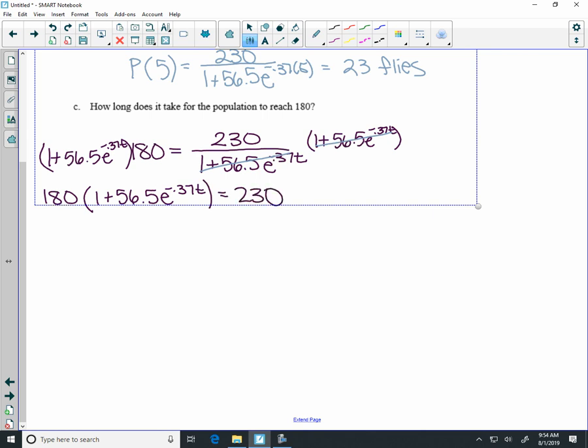Because we're going to solve for T, I'm going to divide both sides by 180 now. And that will let me get into that 1 and the 56.5 and the 8. So the next thing I'm going to do, I'm just going to divide away that 180.